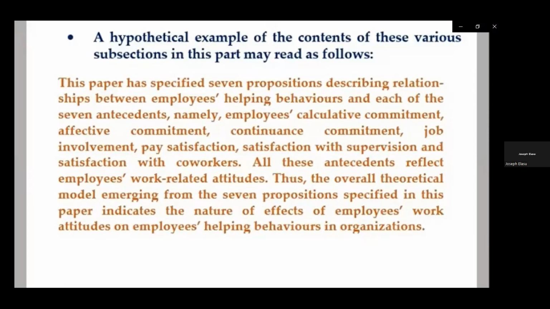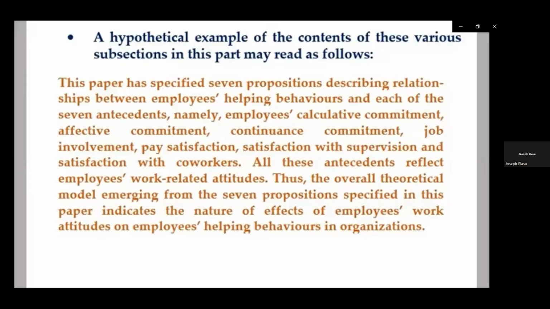So as you can see, this paper has specified 7 propositions describing relationships between employees' helping behaviors and each of the 7 antecedents, namely employees' cultivative commitment, affective commitment, continuous commitment, job involvement, pay satisfaction, satisfaction with the supervision, satisfaction with the co-workers. All these antecedents reflect employees' work-related attitudes.